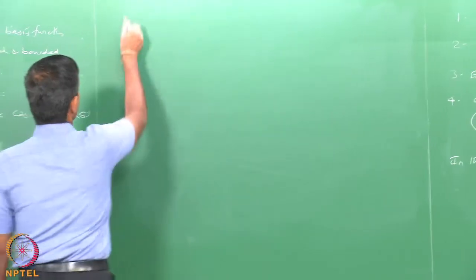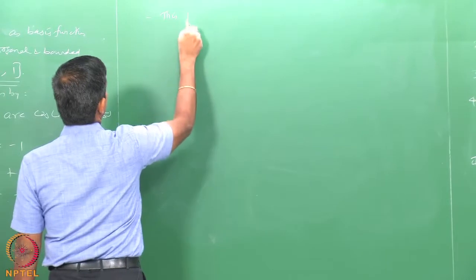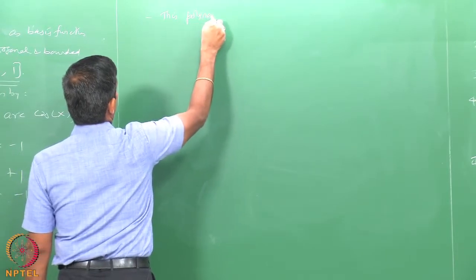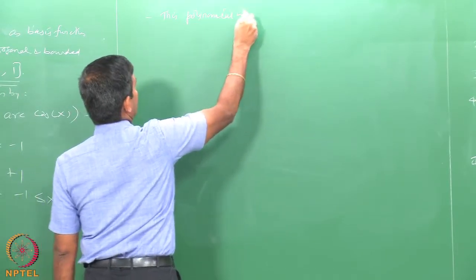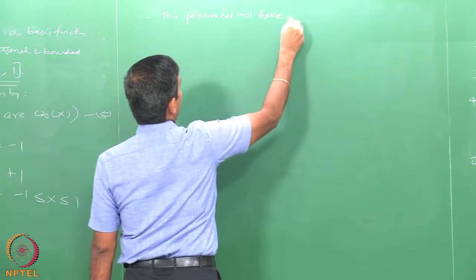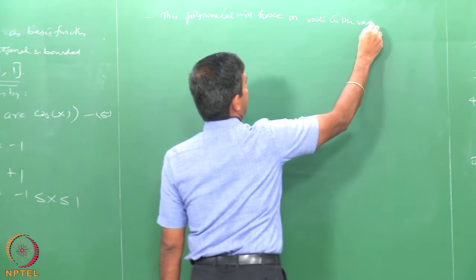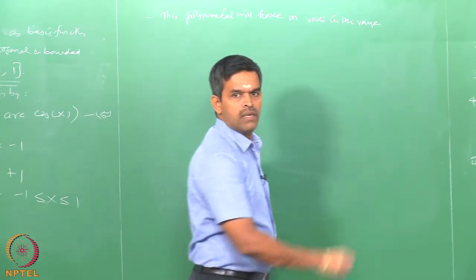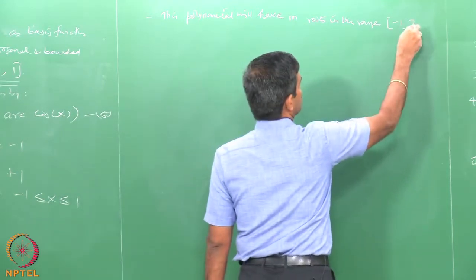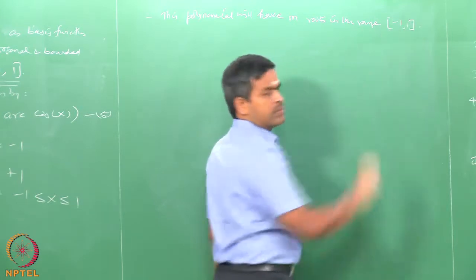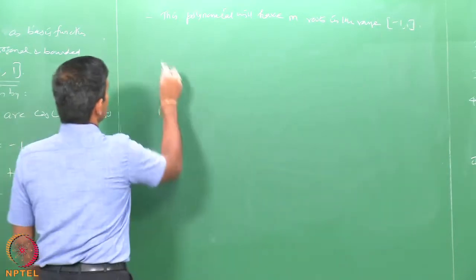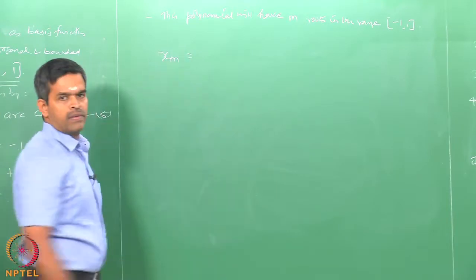So, this polynomial will have m roots in the range -1 to 1, and that is given by the following equation.